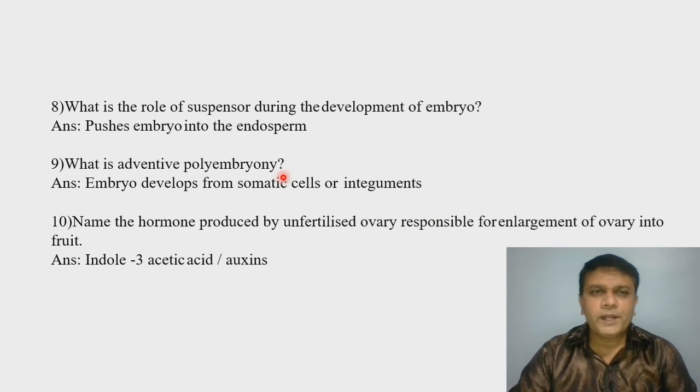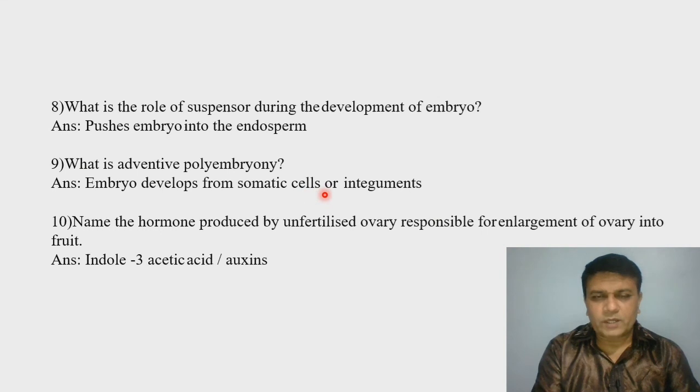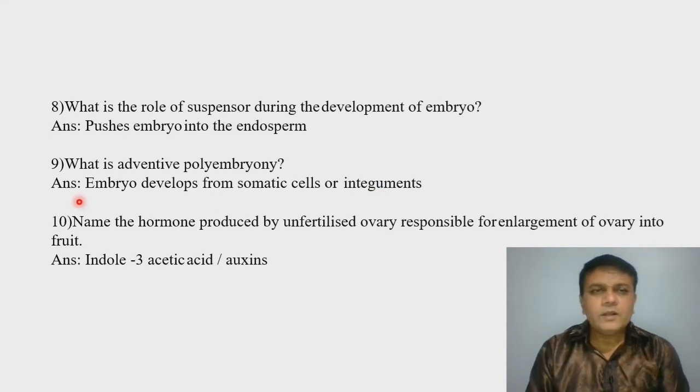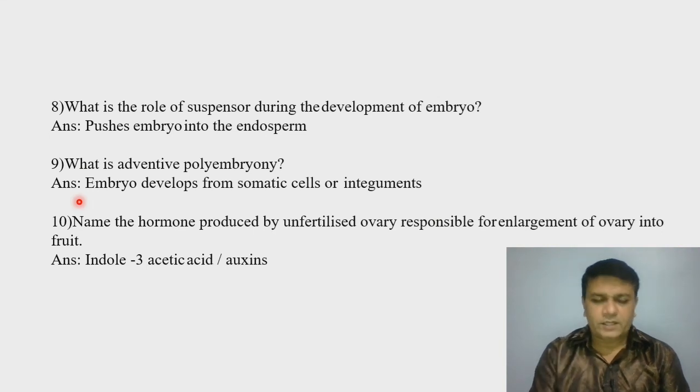Now adventive polyembryony means the embryo directly develops from the diploid somatic cells inside the nucellus or the integuments, or they will develop from the cells of integuments. So such phenomenon is called as adventive polyembryony and it is found in citrus seeds.